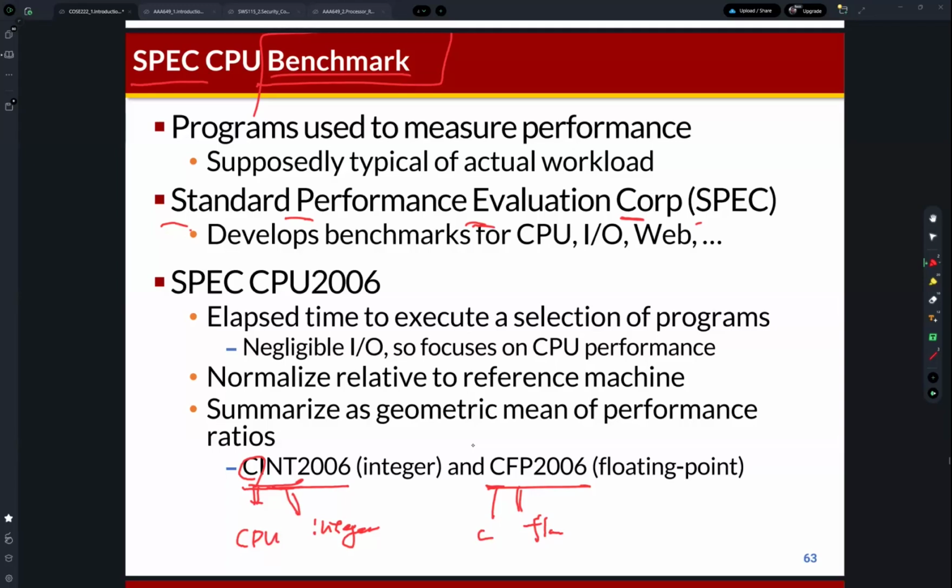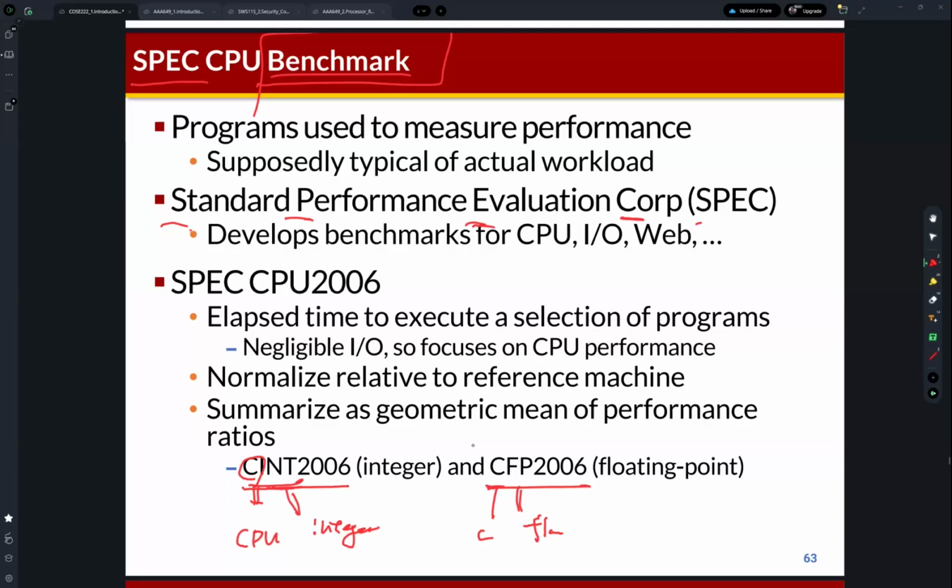So sometimes we can use some applications that include more integer instructions, or some applications that include more floating point instructions. So we can use these benchmarks for different purposes.